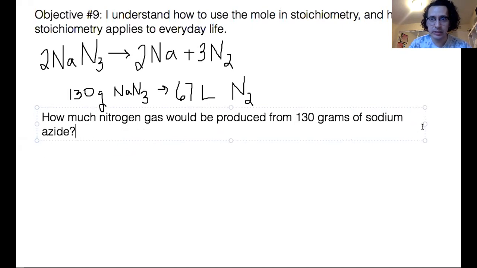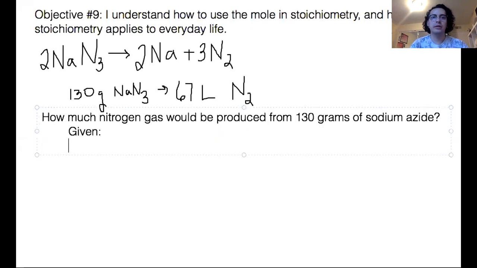First thing that you always need to do with a stoichiometry problem is find your given and your goal. What was given to you? What is the goal? Where do you want to end?